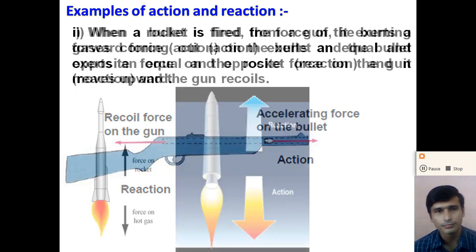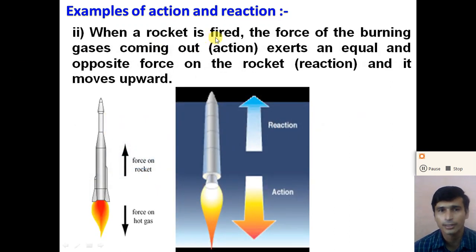Understand? Second example: when a rocket is fired, the force of the burning gas coming out, that is the action force, exerts an equal and opposite force on the rocket, that is the reaction force, and it moves in the upward direction. So when the hot gas is coming out, the force applied by the rocket on the hot gas is in the downward direction.